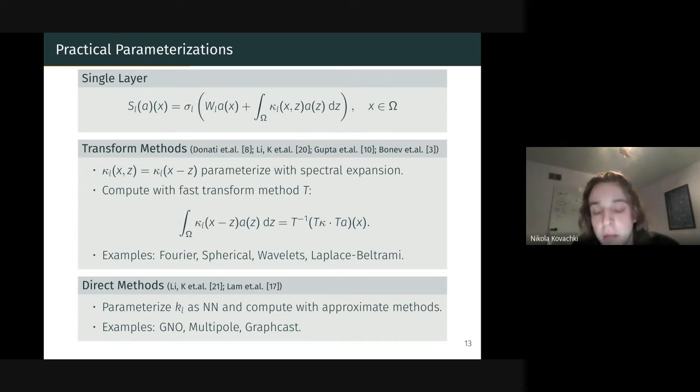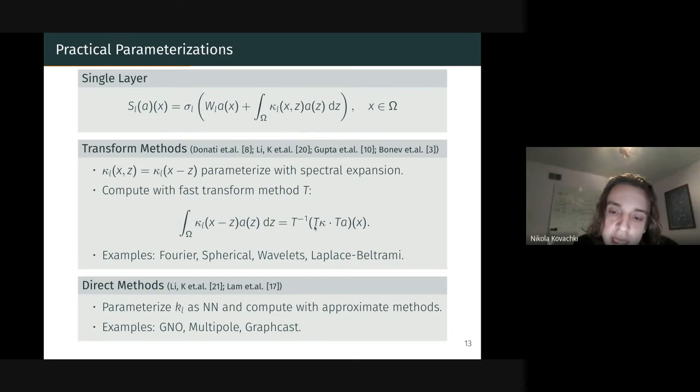Okay, a more consistent method of parametrizing kappa while still being convolutional is to do it through a transform method. So you can think of parametrizing kappa directly in, say, a spectral expansion. So I can expand kappa on, say, a few Fourier modes, or really any kind of basis functions that I like. And then all I have to do to compute this now convolution is compute the appropriate transform of A. So let's just think of T here as being a Fourier transform.